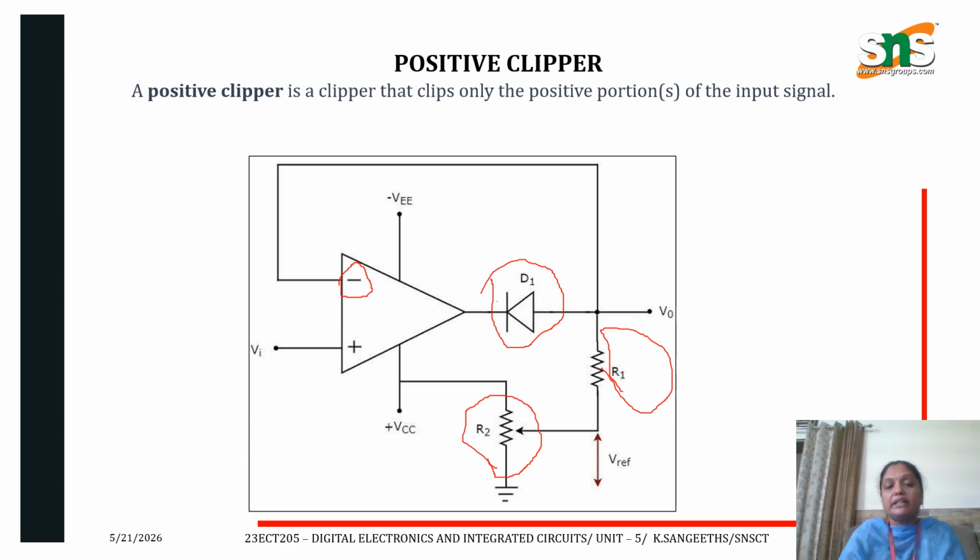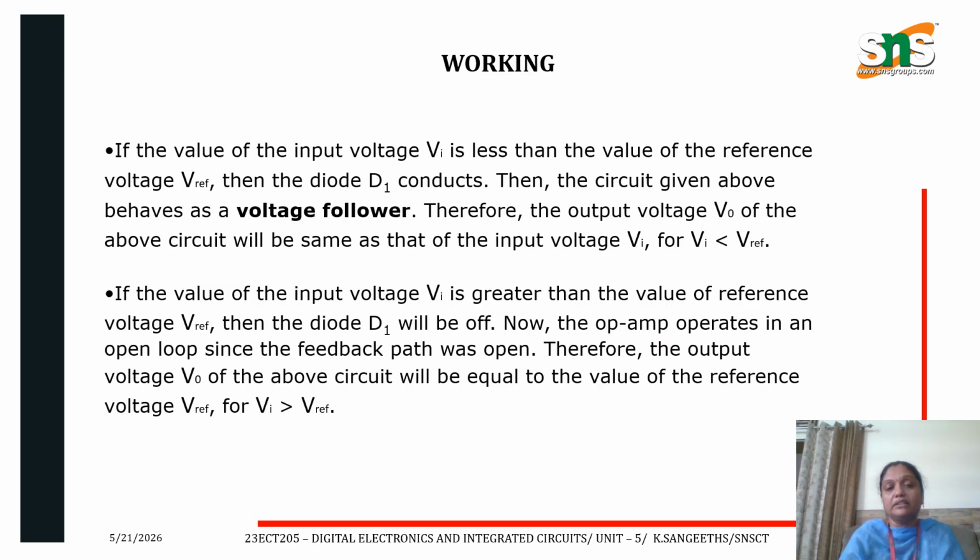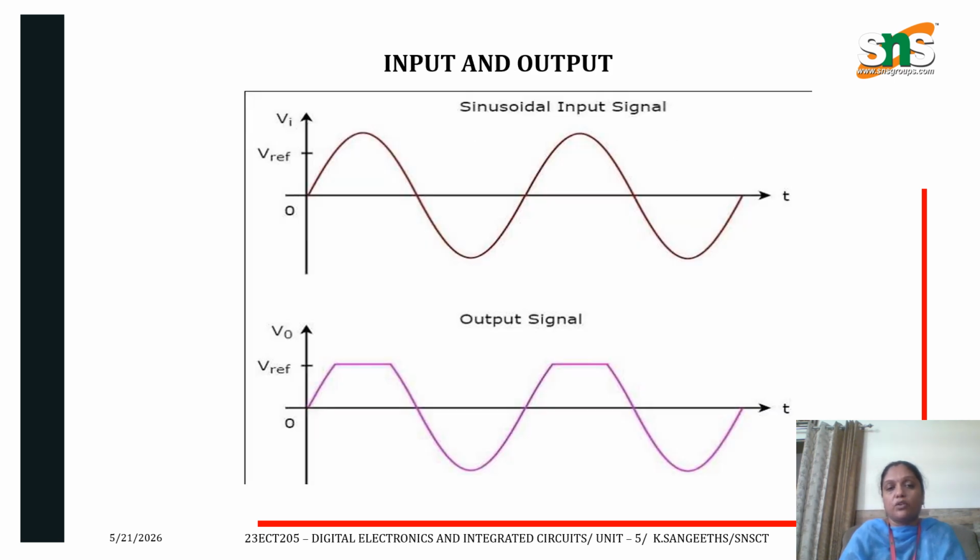When D1 conducts, the circuit behaves as a voltage follower. This is the input and output waveform for the positive clipper: above the reference voltage it is clipped. This portion is clipped on the positive side.